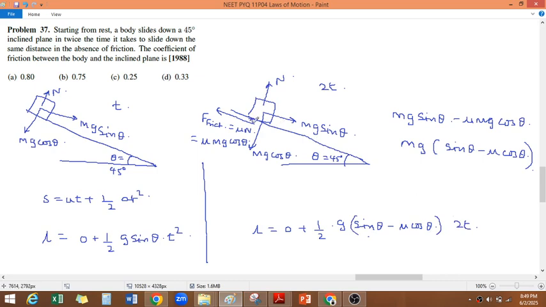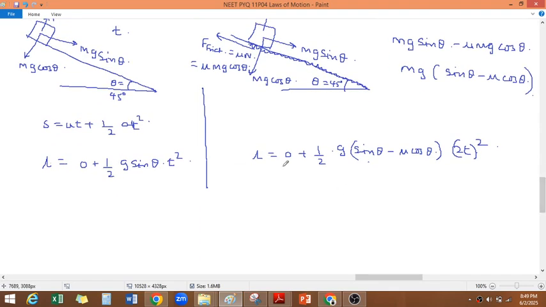If you want, I can show that this is a friction surface. 2t the whole square, because the formula is t square. Here the time is not t, it's 2t, because twice the time it takes to slide down the same distance in the absence of friction. So this is absence of friction, this is with friction. That's all. So L is equal to L, so equate this and this, we'll get the answer.